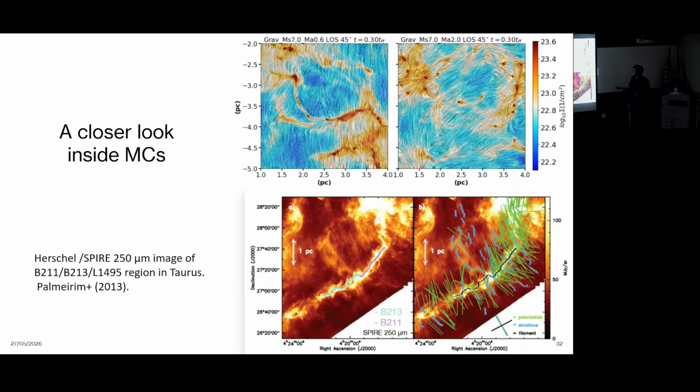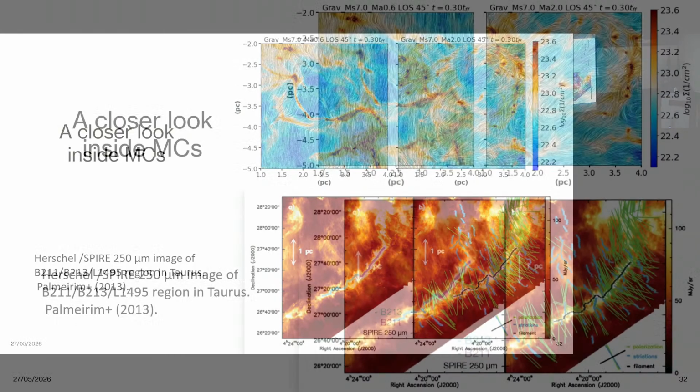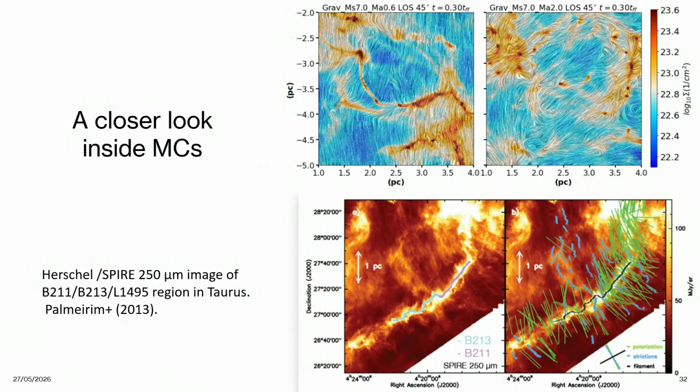Here's the final evolution of these 2 simulations, sub-Alfvénic and super-Alfvénic. And down here is that same Taurus filament, and you can see the magnetic field from the polarization. We can see this large structure perpendicular to the field, and several filaments with less density falling down, mostly parallel to this estimated magnetic field.